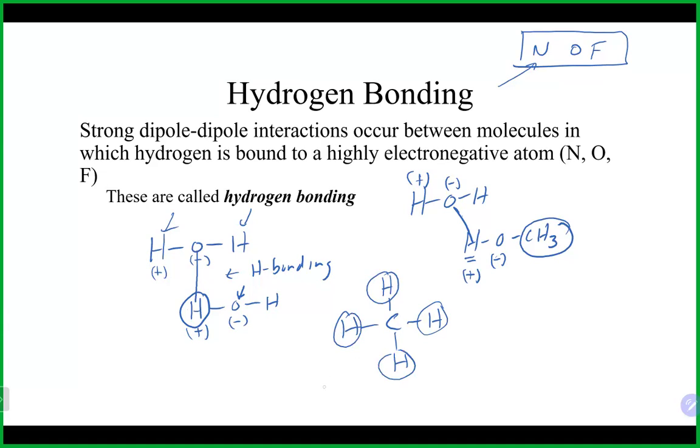And if you remember, non-polar basically means equal sharing of electrons, which means a neutral bond, right? There's really no positive side or negative side. And because of that, it cannot hydrogen bond in this case, even though it's got a lot of hydrogens.